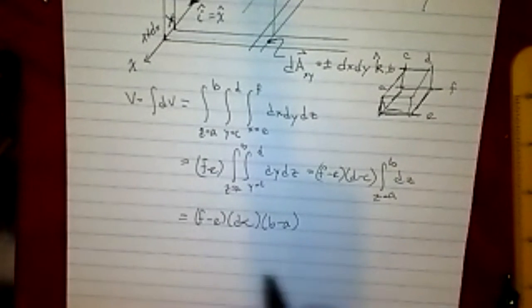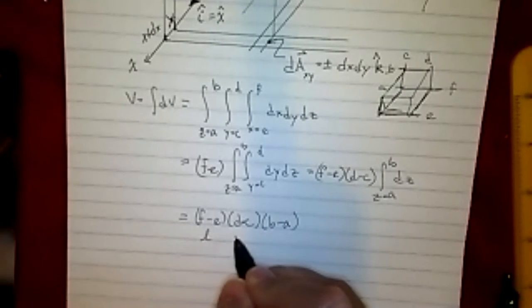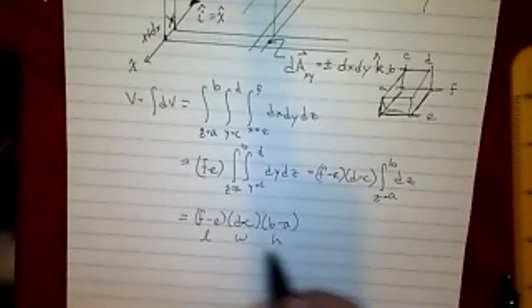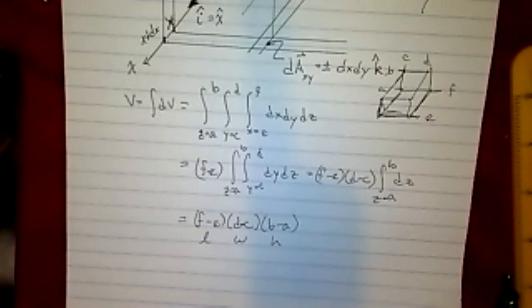So you can see, you could call this one length, this one width, and this one height, and you did in fact find that the volume of a rectangular solid is length times width times height. So that's one of the many advantages, of course, you can see to using these coordinate systems and their little unit vectors and all that good stuff.